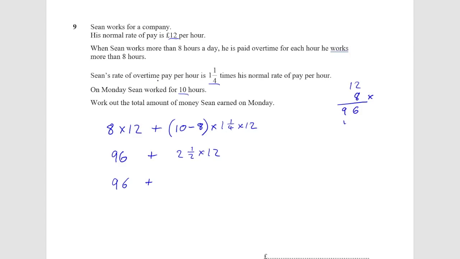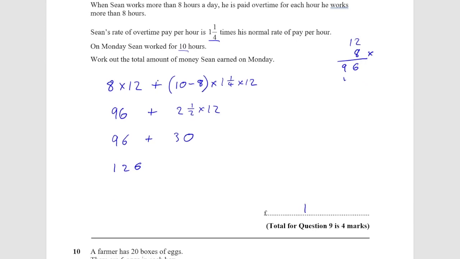So we're looking at 24 plus 6, which is going to give us 30. So when we add those together, we get £126. Let's just tidy up, put a few equal signs in. There we go. So £126.